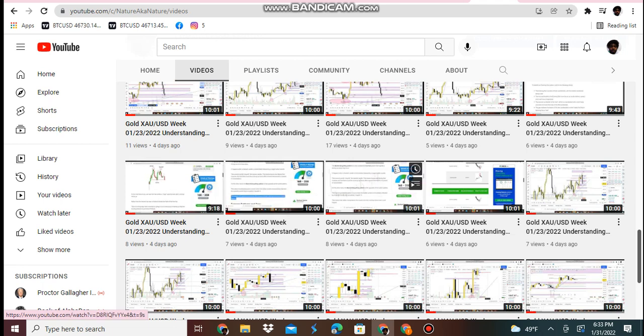You can check it out, and these will help you identify and recognize the candlestick patterns: bullish engulfing, Marubozo candlestick, hammer, yellow Marubozo candlestick, tweezer bottom, morning star. You'll be able to identify these candlestick patterns.